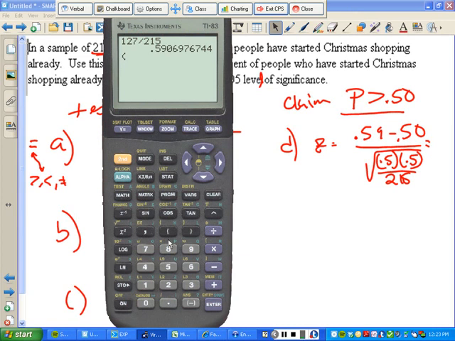Open parenthesis 0.59 minus 0.50 divided by square root 0.5 times 0.5 divided by 215. Enter. And you're going to get 2.64. We all agree with that?